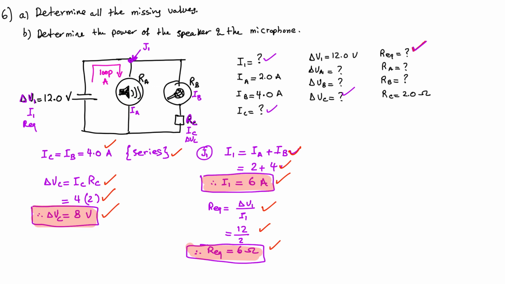So for loop A, we know that delta V1 is equal to delta VA. So the potential difference across the battery, all of that energy is going to be used here. So therefore, delta VA, which is what we're looking for, is the same as delta V1.